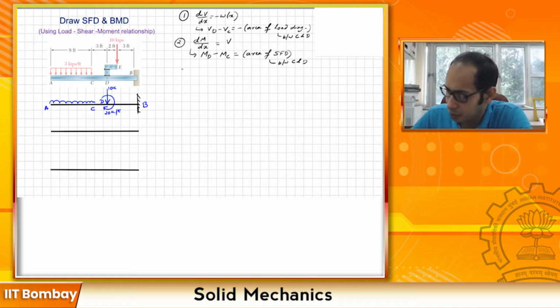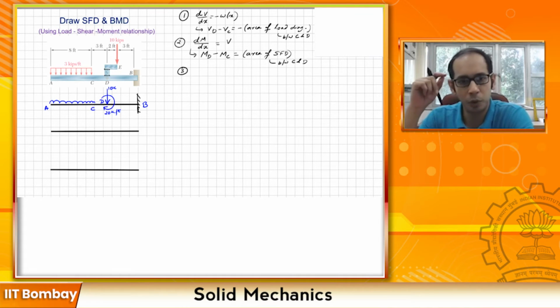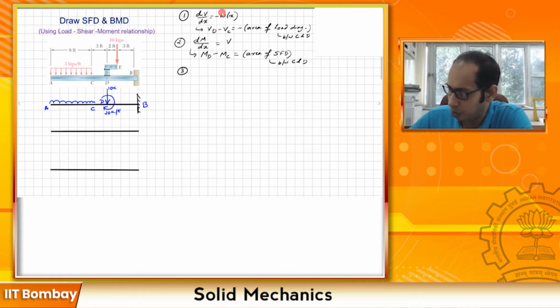The third and the fourth one were because of the point load. So these two were for the distributed load. This one is for the point load. The third one was for the point load, where if you recall we had that small element, and I'm going to mark the force on top of this one with a force P. And on either side, you had this shear V and this shear V plus V1, and you had the moments, M and M plus M1.